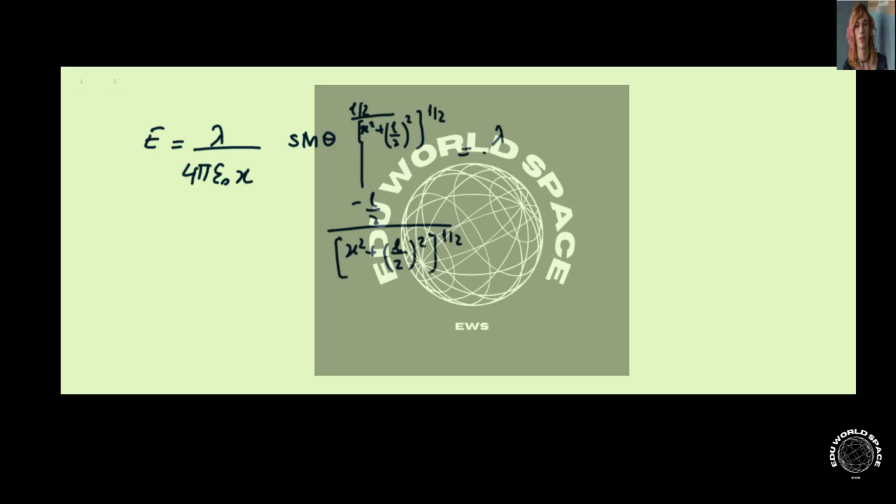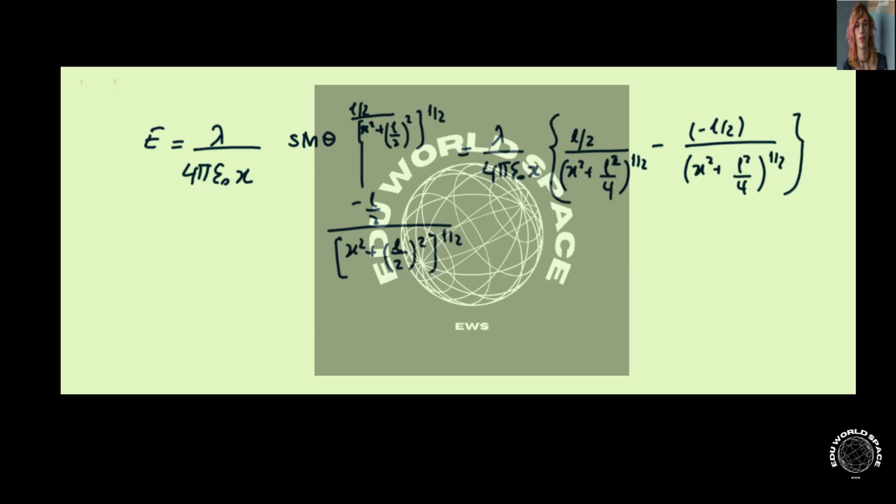Then this is equal to lambda over 4 pi epsilon naught x times [L over 2 over (x squared plus L squared over 4) to the 1/2, minus negative L over 2 over (x squared plus L squared over 4) to the 1/2]. Now we have negative times negative, so it gives us positive: lambda over 4 pi epsilon naught x times L over (x squared plus L squared over 4) to the 1/2.